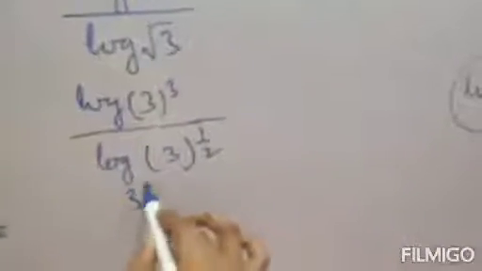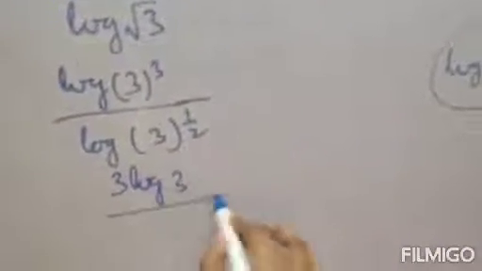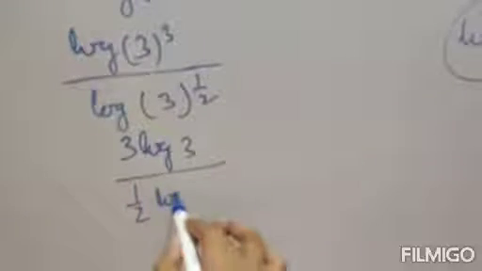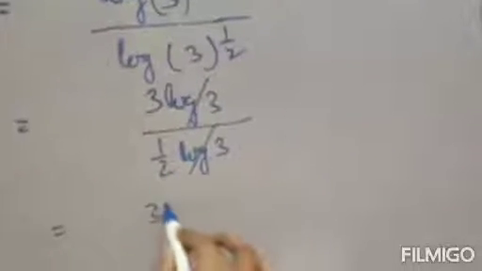So apply the power law: 3 log 3 divided by 1 by 2 log 3. Log 3 cancels. 3 into 1 by 2, the 2 goes up, so that is 6. Your answer will be 6.